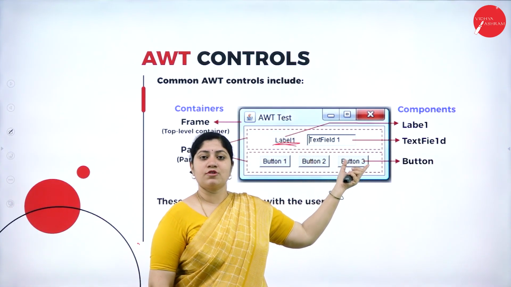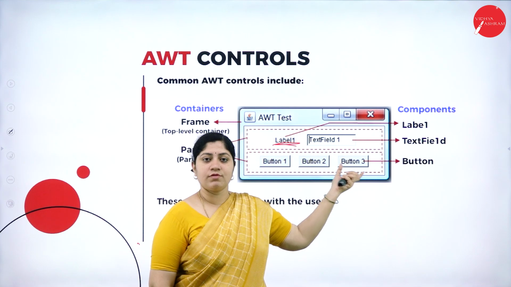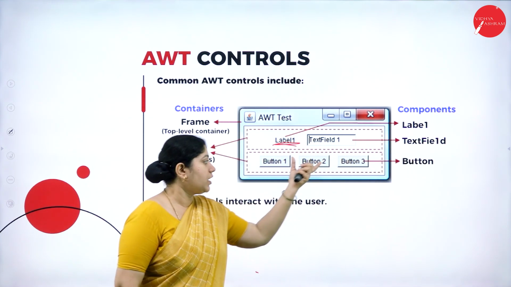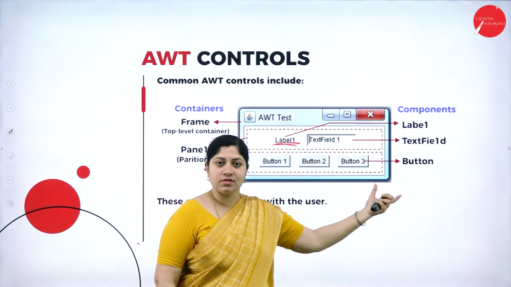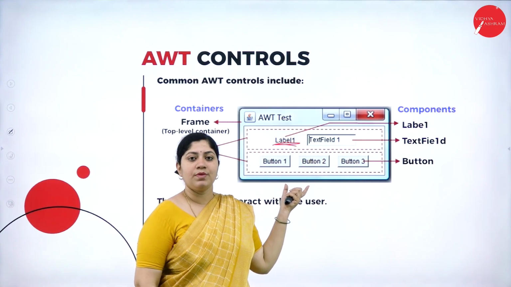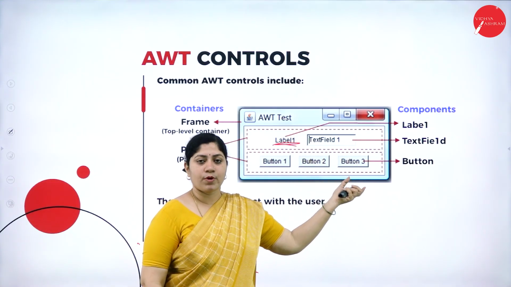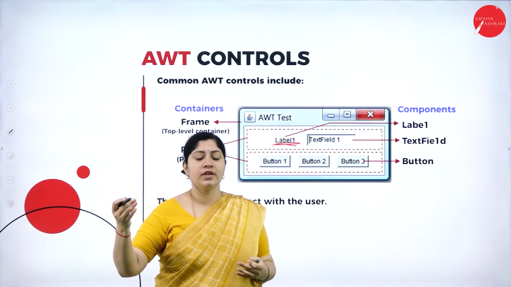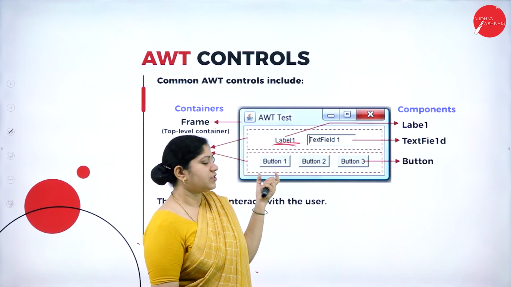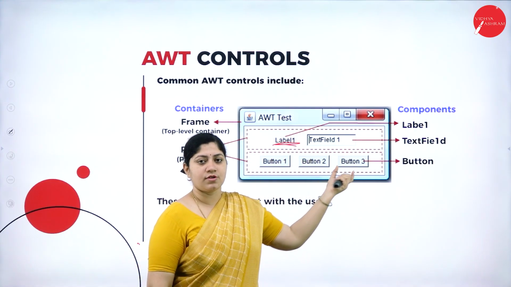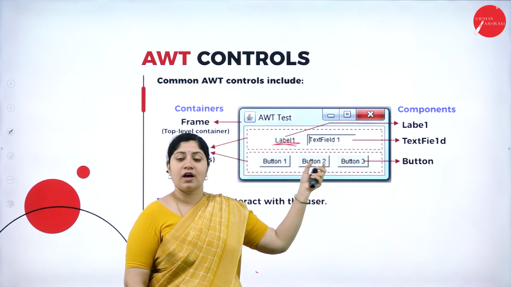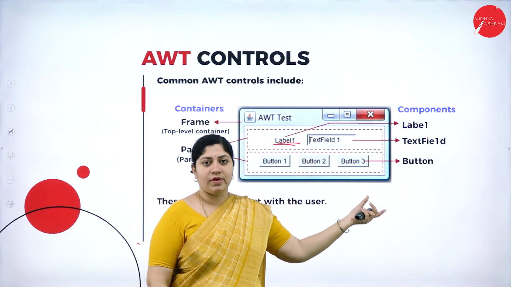If anything has to be written or commented with respect to that label, I can do it under the text field. Up next, we have multiple buttons, and each button will be assigned some important information according to the application that we are designing. I have just considered 3 buttons: button 1, button 2, button 3. So these labels, text fields, and buttons are a few examples of components.